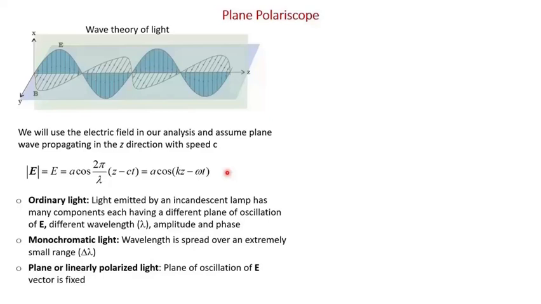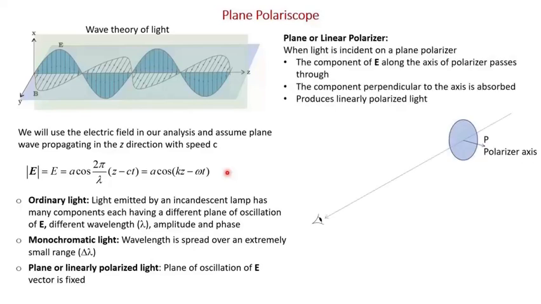So in photoelasticity, polarized light, either white light or monochromatic light, is used. A plane polariscope consists of two plane or linear polarizers.